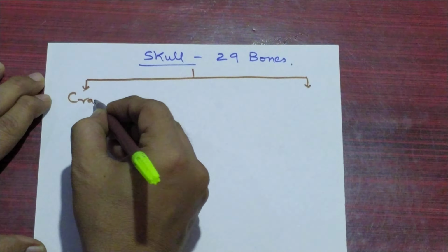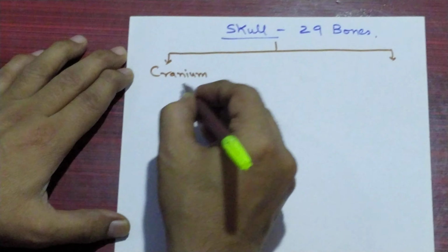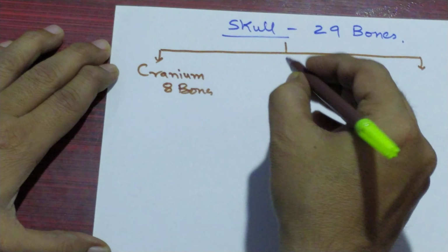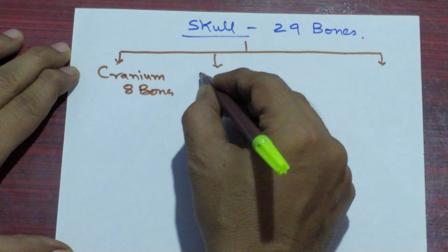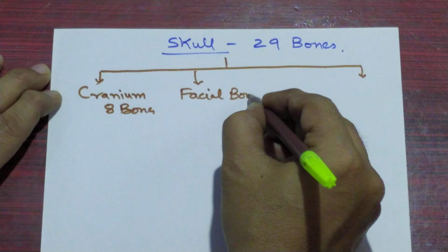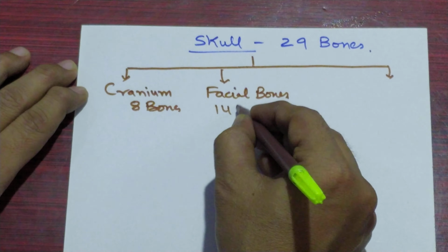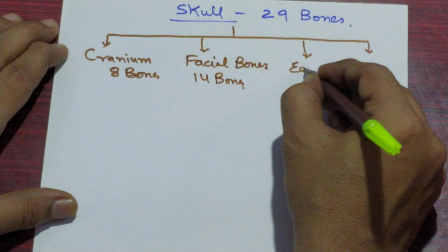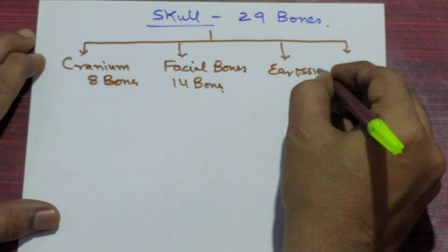One is the cranium. It has 8 bones. Second is the facial bones. These are 14 bones. The third is the ear ossicles.